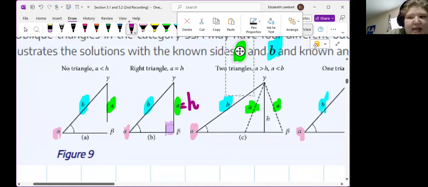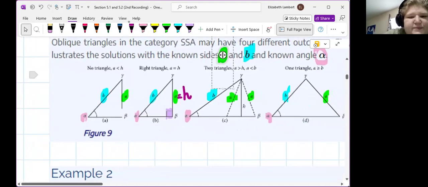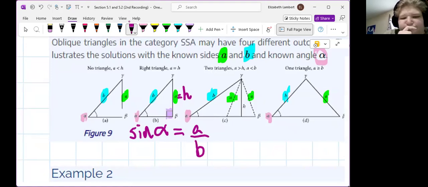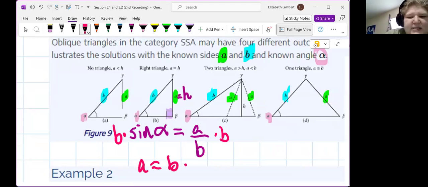Now to figure out the length of that, because this is really the H they're talking about everywhere, I'm going to look at the sine of alpha. So the sine of alpha, sine is opposite A over hypotenuse, the thing across from the 90-degree angle, B. And if I get A by itself by multiplying by B, then I have that A is B times the sine of alpha.